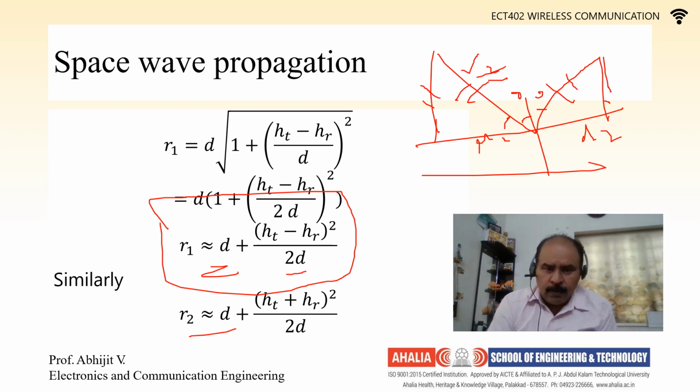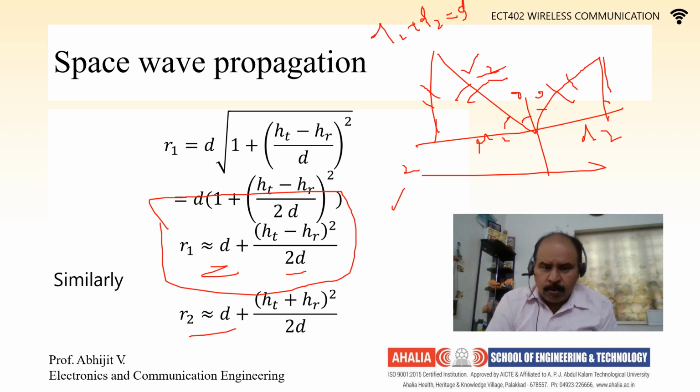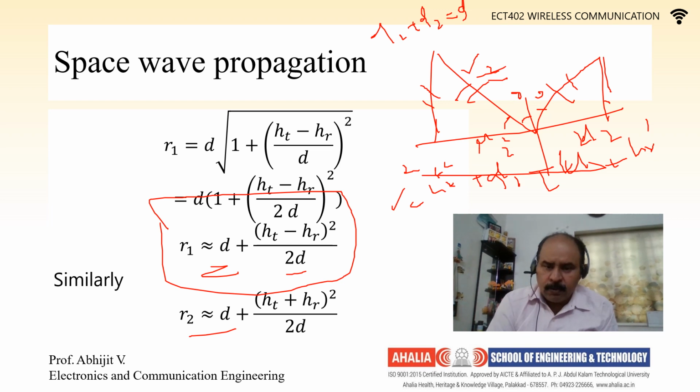So D1 plus D2 will be equal to D, and R2 square will be equal to HT square plus D1 square, for example, plus this part, that is D2 square plus HR square. HR is the height of the receiver.